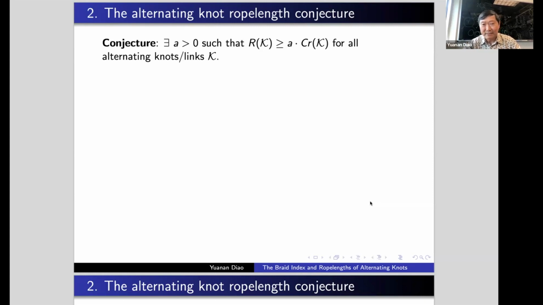So the conjecture basically says the rope length of an alternating knot has to be at least its crossing number times some constant. So that's the conjecture.